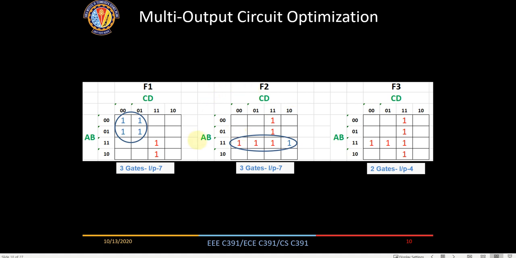This is multiple output circuit optimization. I told you we essentially first take each of these functions and find out the element which is not common.